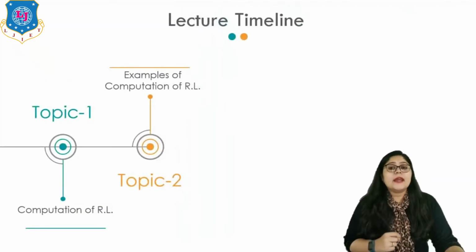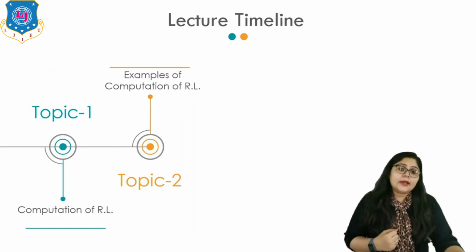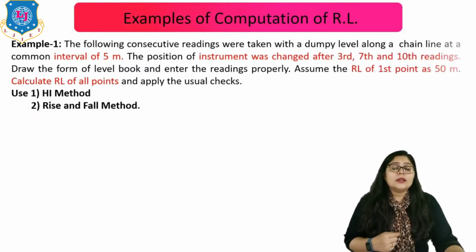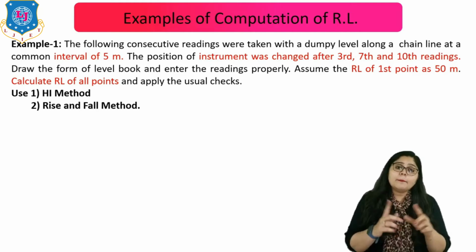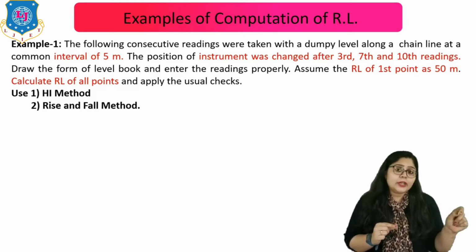Now let's understand the examples which are used to calculate the RL, right? So let's see our first example. Here the data is given in such a way which says the following consecutive readings were taken with a dumpy level along a chain line at a common interval of 5 meter.